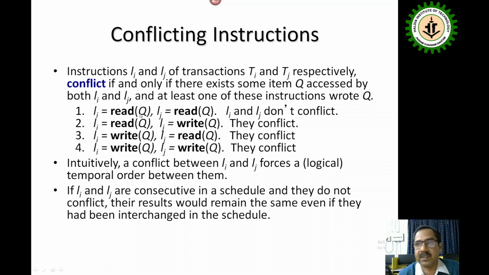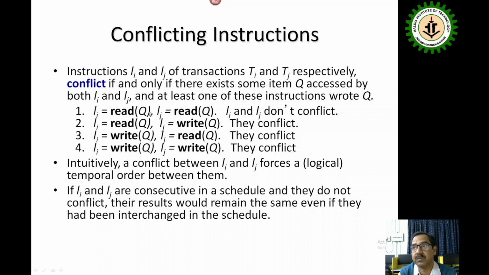Say Ii equals read on data item Q, and Ij also reads data item Q. So here Ti performs instruction Ii, a read operation on data item Q, and transaction Tj performs Ij, which we assume is also a read operation on data item Q. Both operations Ii and Ij are read operations on the same data item Q, then Ii and Ij do not conflict.